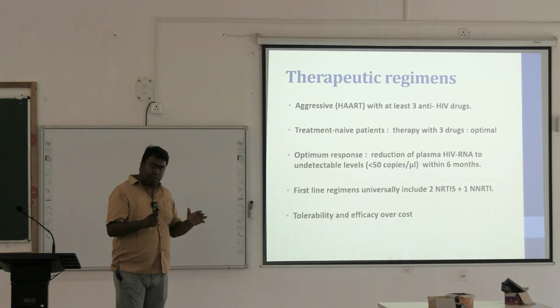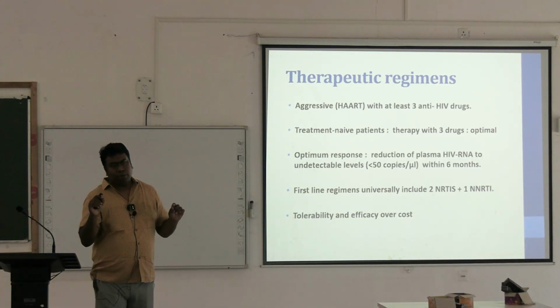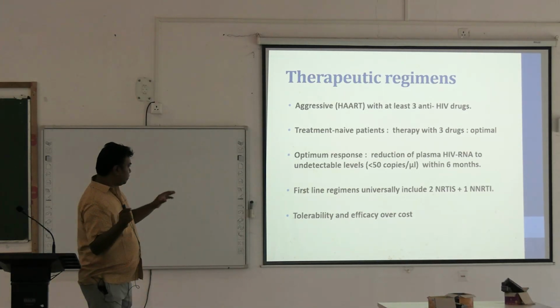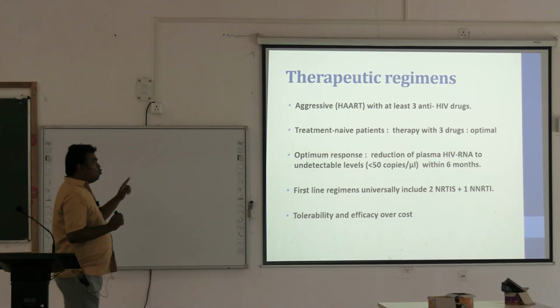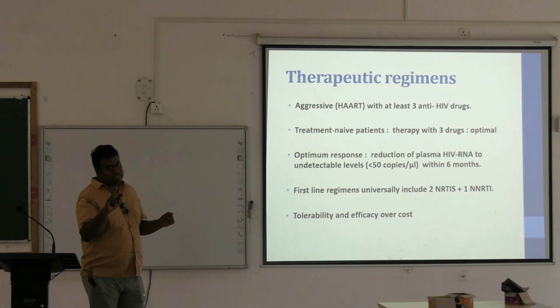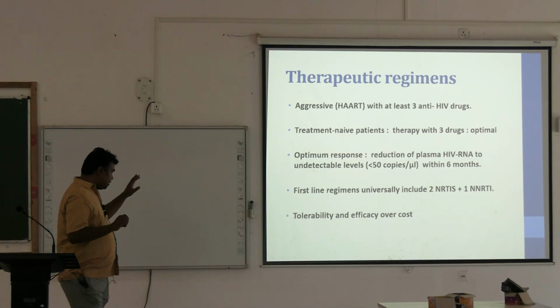It may be within 1 month or within 5 months, within 6 months, not beyond 6 months. The first-line regimen primarily has 2 NRTIs plus 1 NNRTI. The 2 classes, 3 drugs.